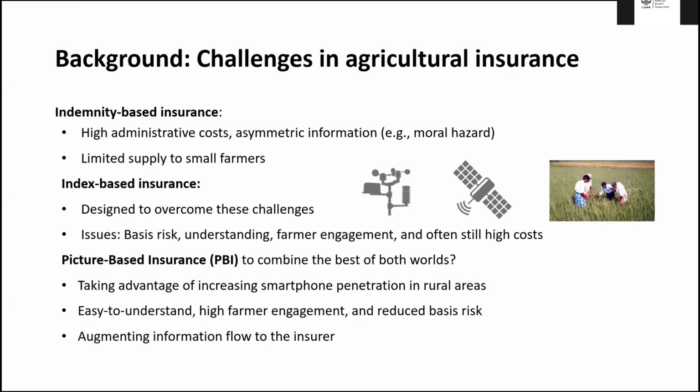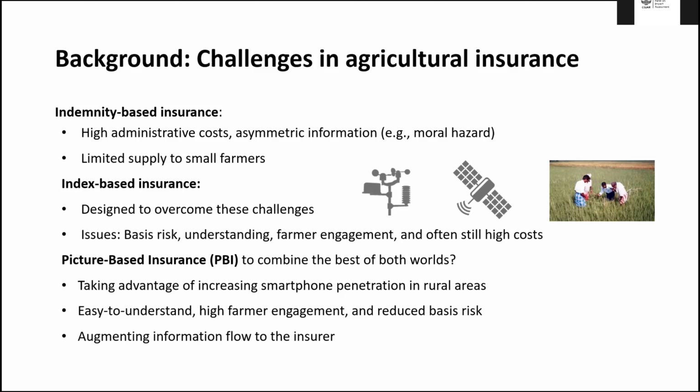The disadvantage of indemnity-based insurance is that, to verify those actual losses, there's really high costs in terms of having to send out somebody to a farm to verify, has this damage occurred? On top of that, there is asymmetric information, by which we mean that there is information that the farmer has that the insurer does not have.